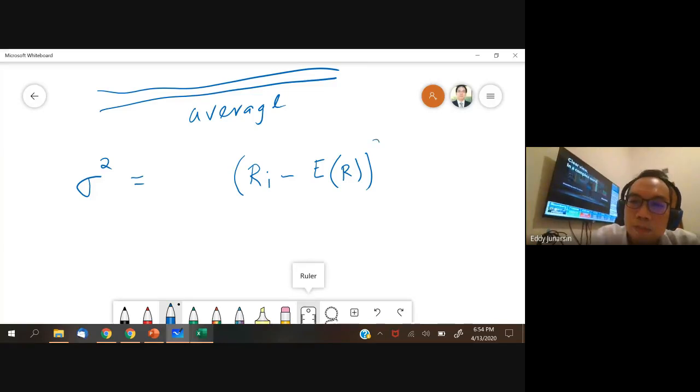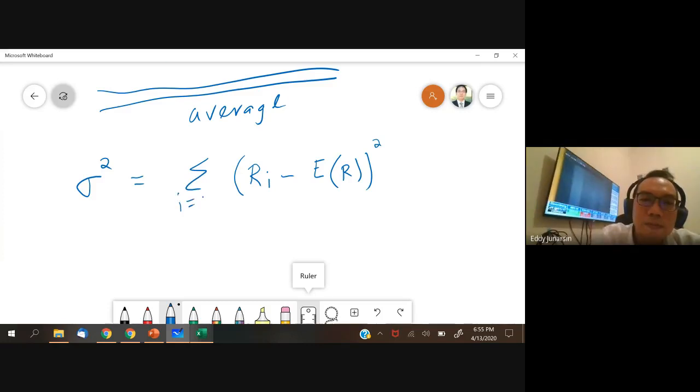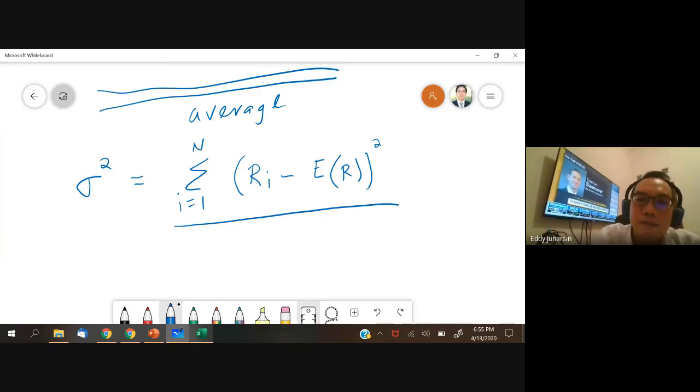We square it. However, now we don't have probability, right? Because each projected return is based on historical return, so we don't have the probability of happening because they have happened. Then we sum them together. Now we divide it by n minus 1.